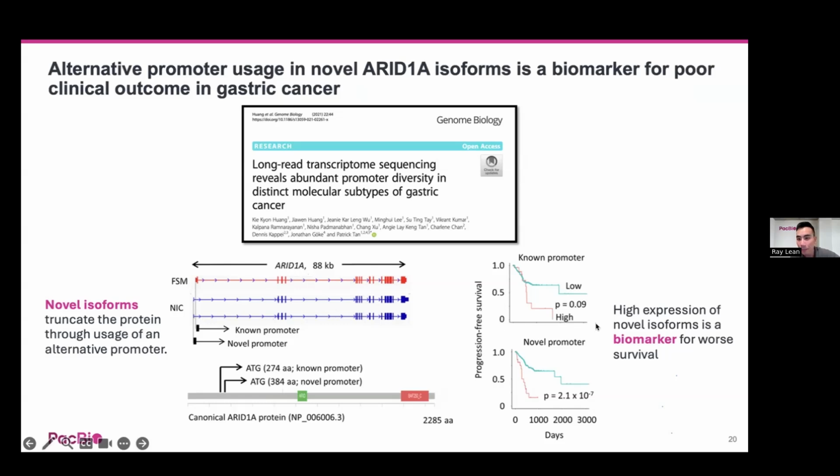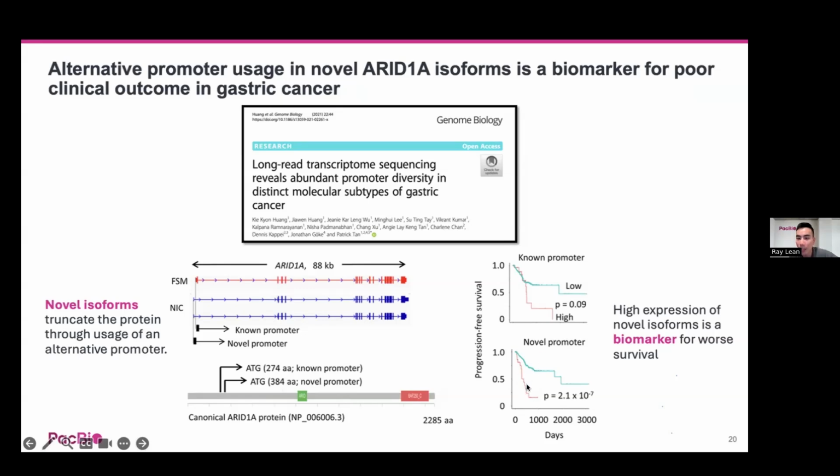And then they were looking at what we call the Kaplan-Meier curve, which shows the survival of the patients. You can see that for this novel promoter, the survival rate for the patient decreased by a lot.